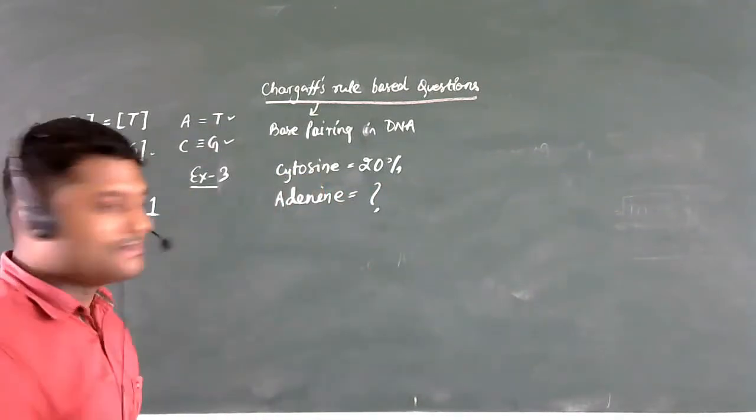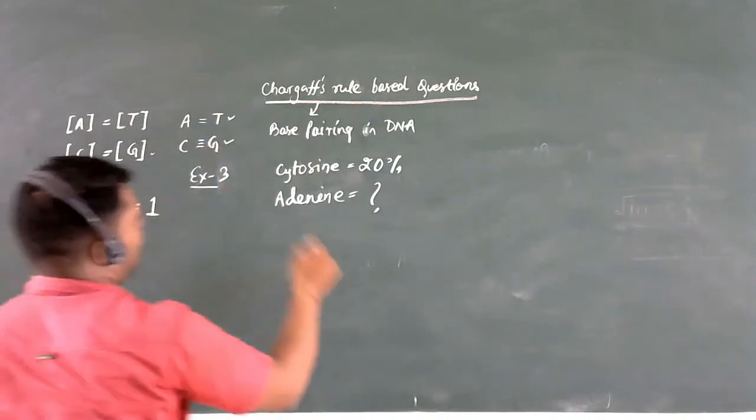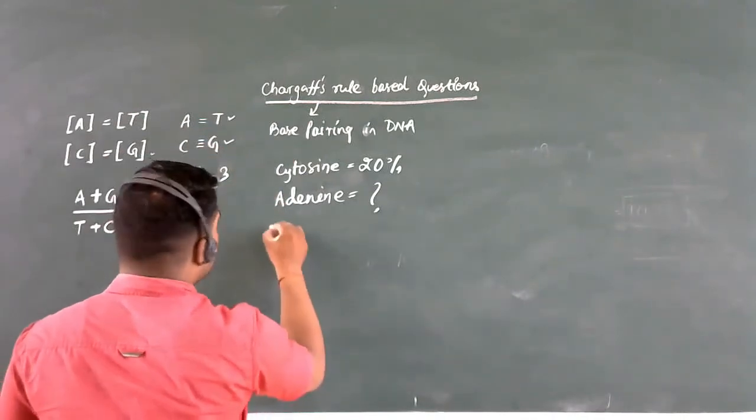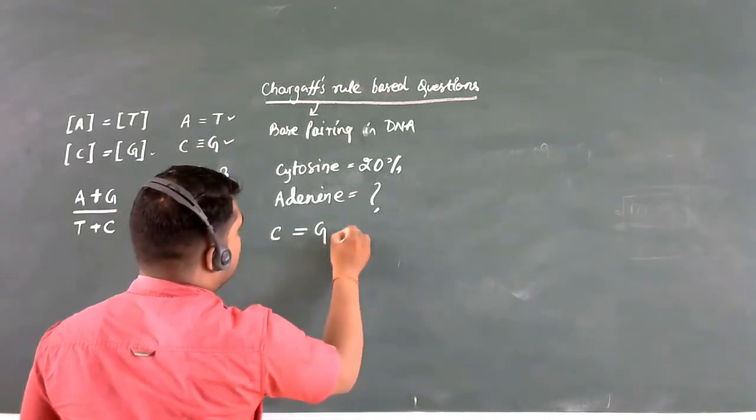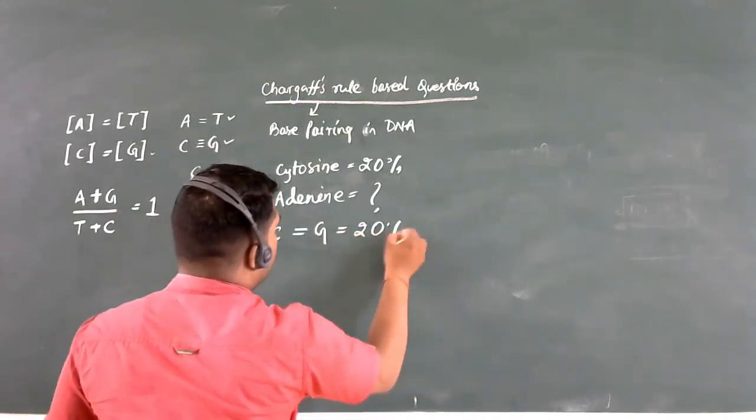So here, very simple, again we'll take this as the starting point. The cytosine percentage is equal to the guanine percentage, that is 20%.